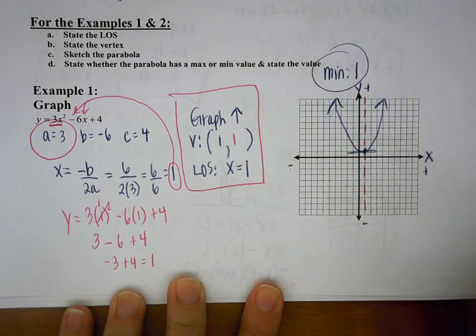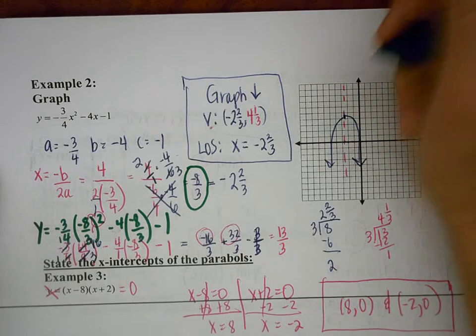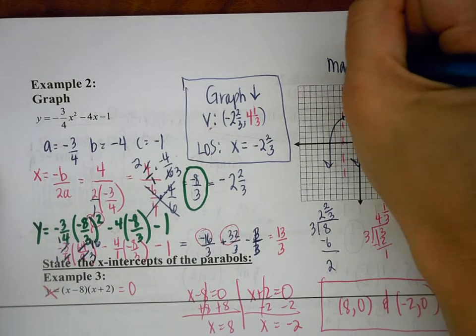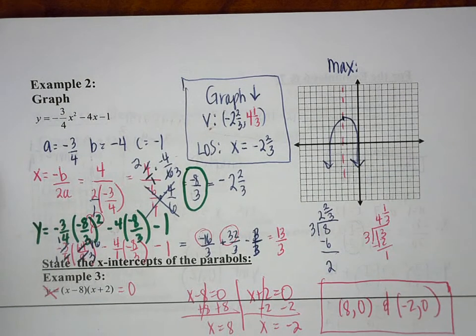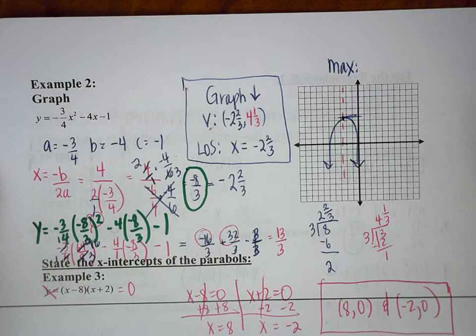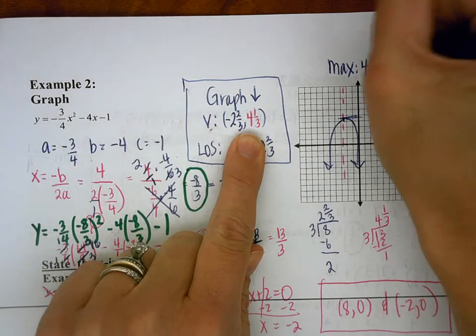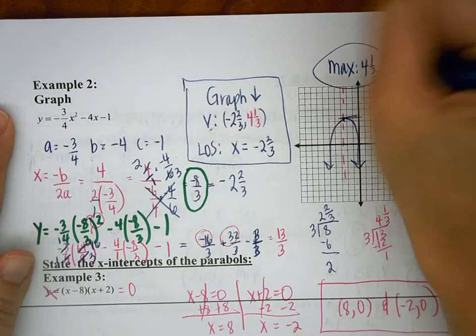What about example 2? Maximum, because everything else is smaller. And what is that maximum value here? 4 1/3. Okay?